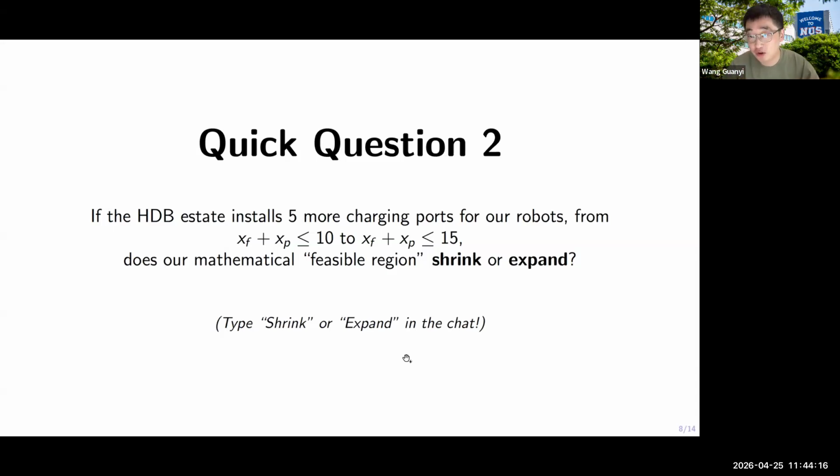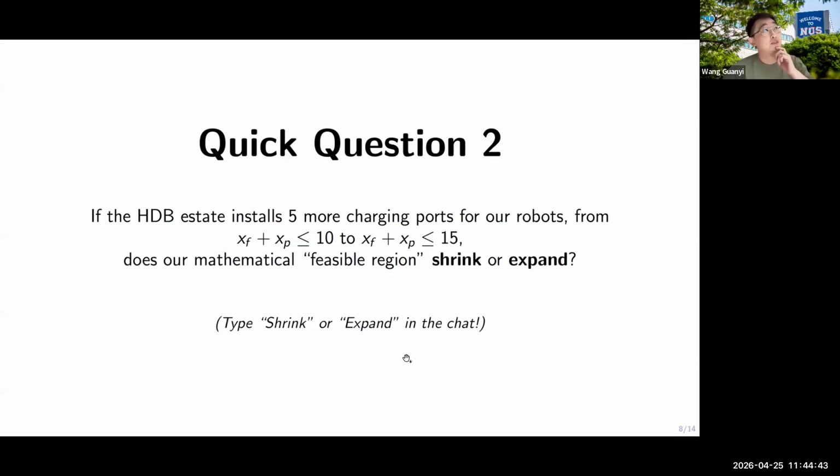If we take the frequency, then the little xf and the little xp could be fractions, and in this case we do not need the integer constraint in the last part. How many robots are assigned?